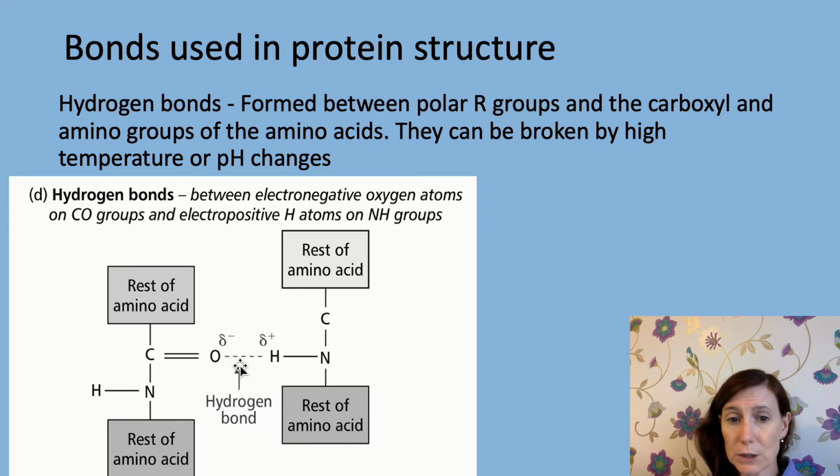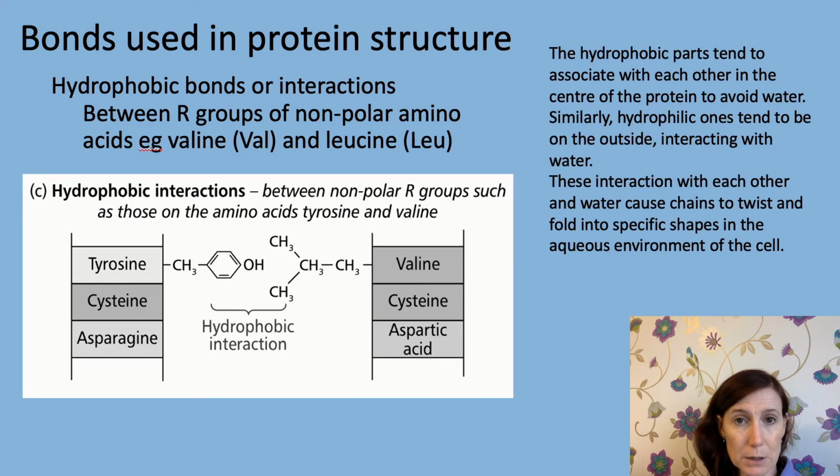High temperature and pH changes, particularly pH changes, are going to interact with this hydrogen bond and cause that bond to potentially break, which can change the structure of the protein, which will then cause perhaps denaturing, particularly if it's in an active site. You've met denaturing, haven't you, at GCSE in biology lower down.